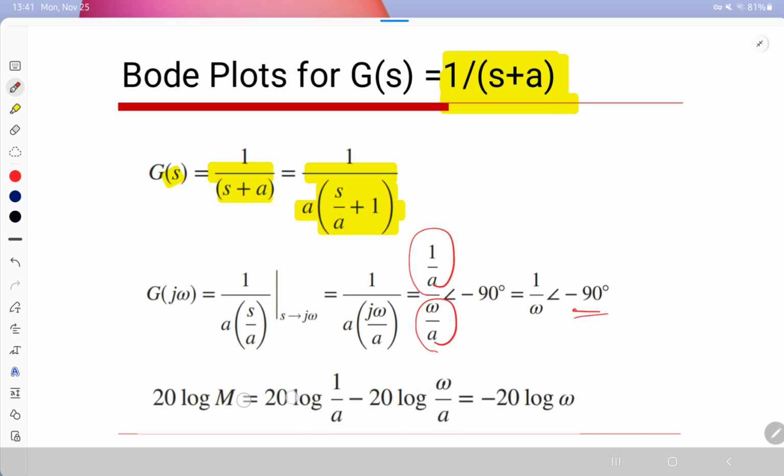What are we doing in here? If your omega is high, what happens? If your omega is low, what happens? If you look at the overall equation, 20 log the magnitude, we'll look for what's this and what is this.